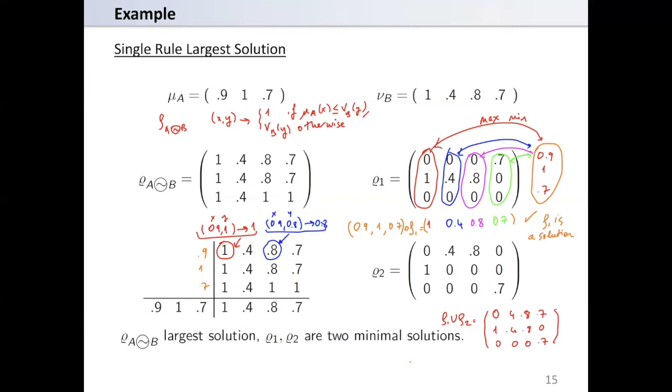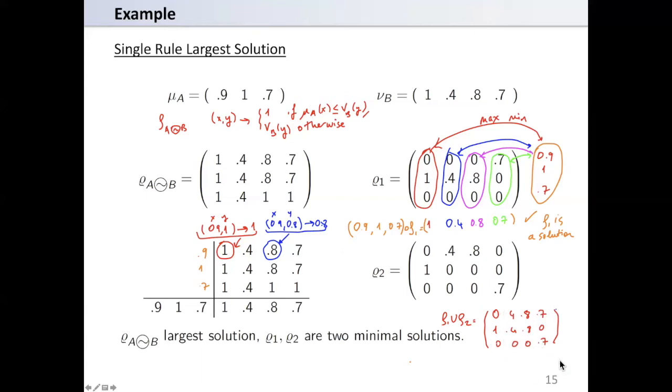And if we compare this union with the Gödel relation, you will notice that if you compare one by one, always the value for the Gödel relation is larger than or equal to the value given here.